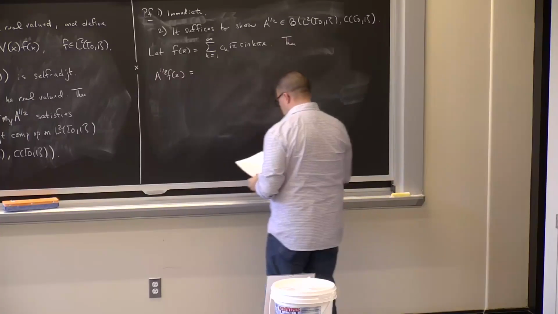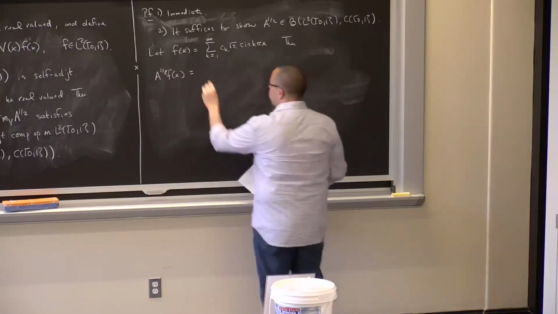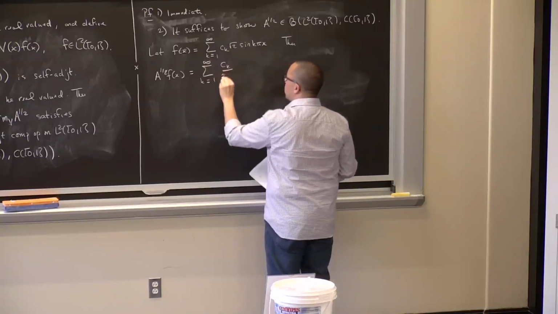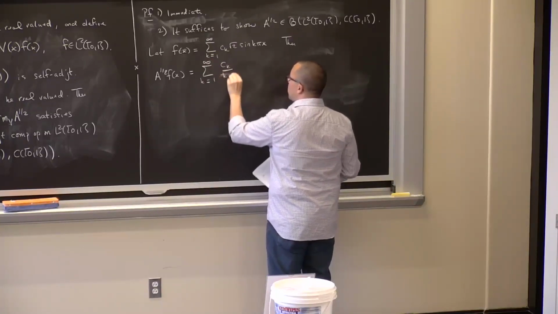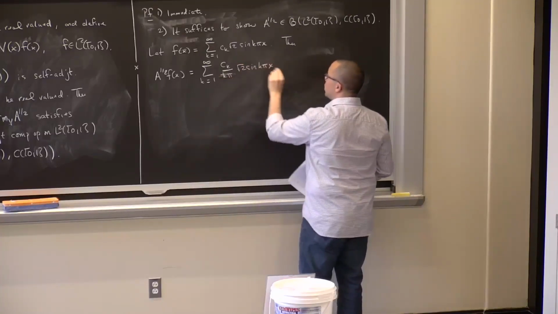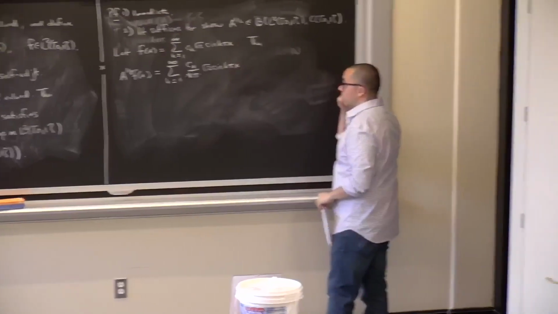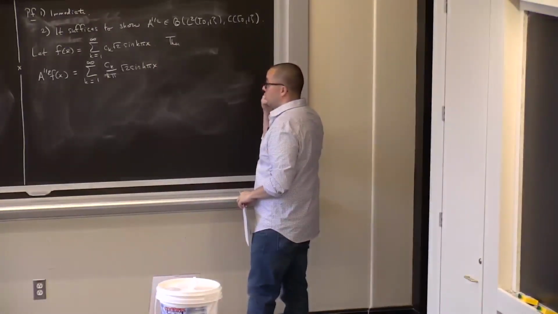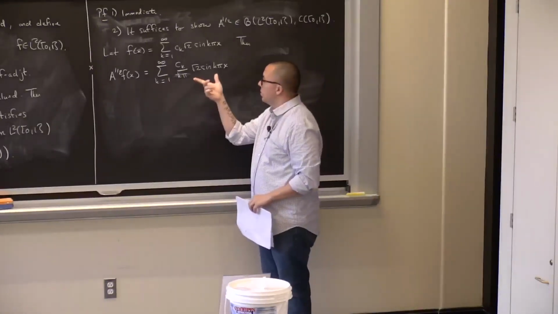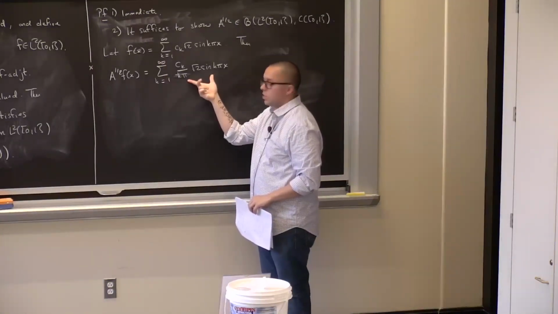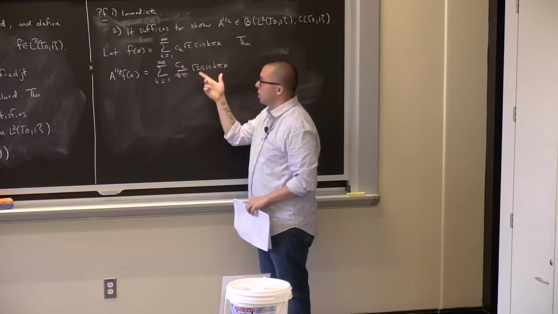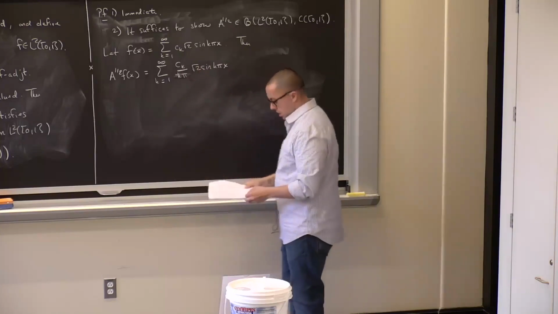This is equal to the sum of c_k over k pi times square root of 2 sine k pi x. And now, to show that A to the 1/2 applied to f is a continuous function, we'll apply the Weierstrass M test, right? So this is an infinite sum of continuous functions. So to apply the Weierstrass M test, I have to say that I can bound this thing by something which is summable, okay?